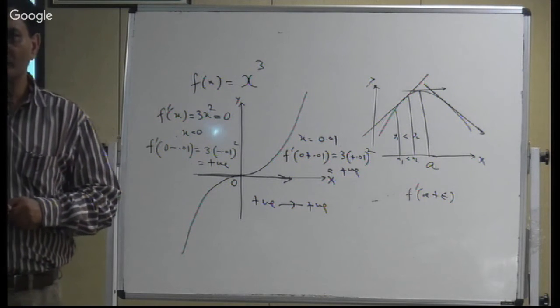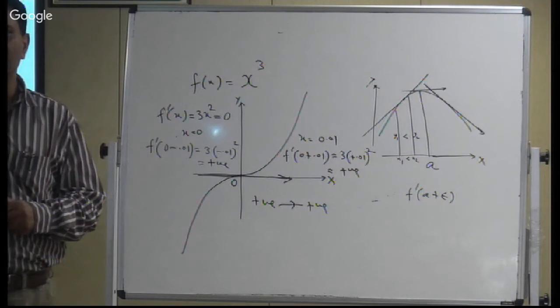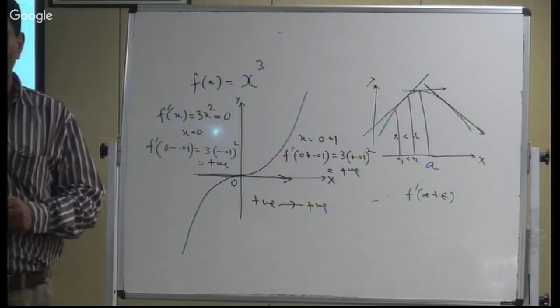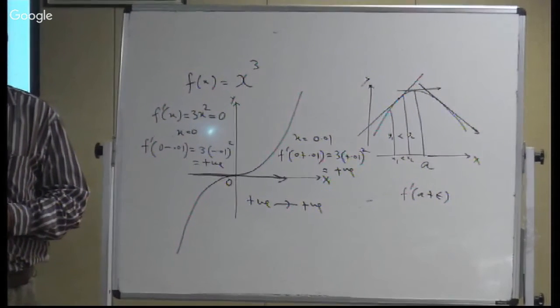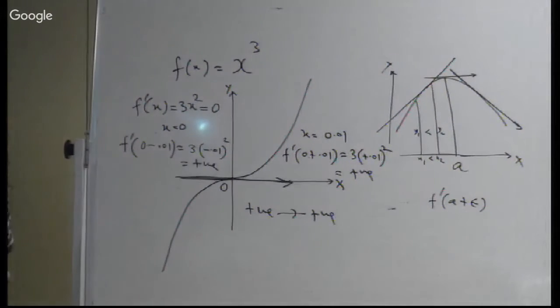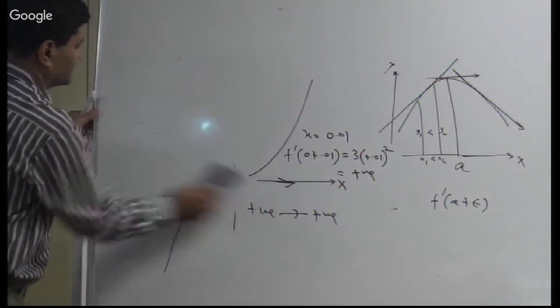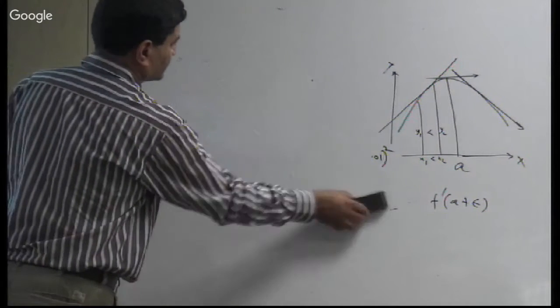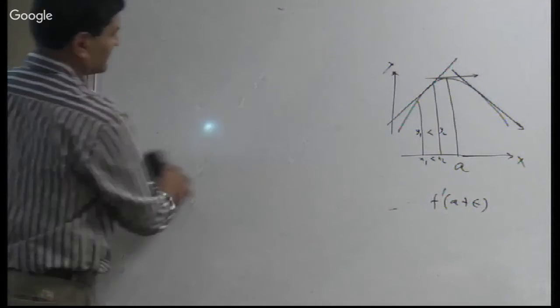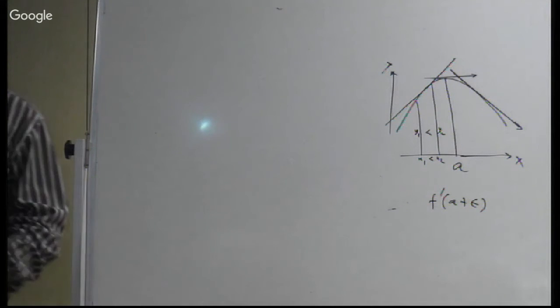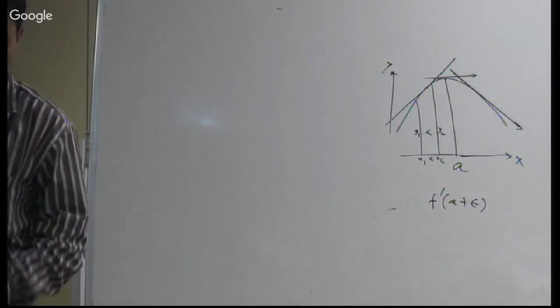Find the points of local maxima and minima and the corresponding maximum and minimum values for the function f(x) is equal to x plus 1 by x.